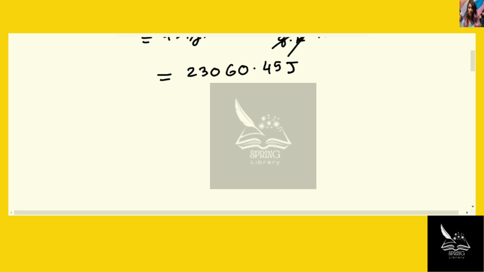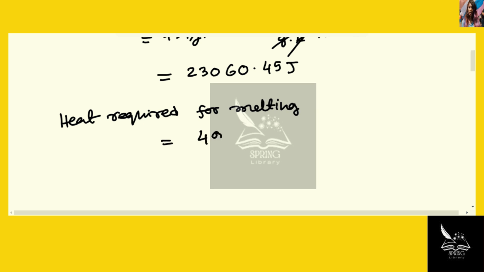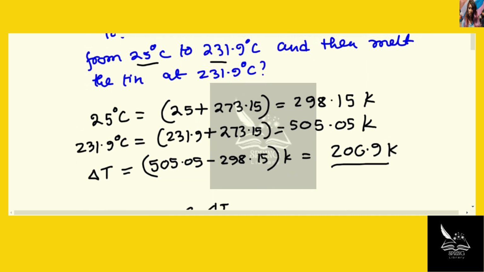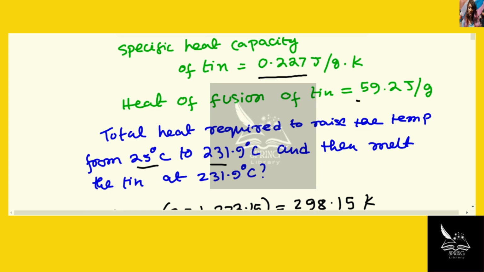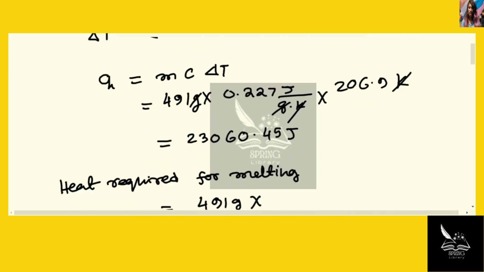Now, heat required for melting. Here the heat will be used up for melting, only for changing the phase without increasing temperature. Here the heat required for melting will be the mass, that is 491 gram, times the heat of fusion, which is given here, 59.2 joule per gram.